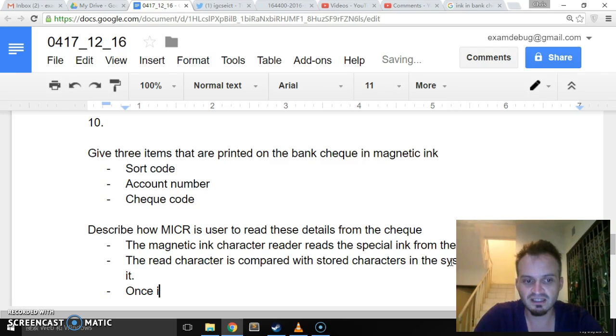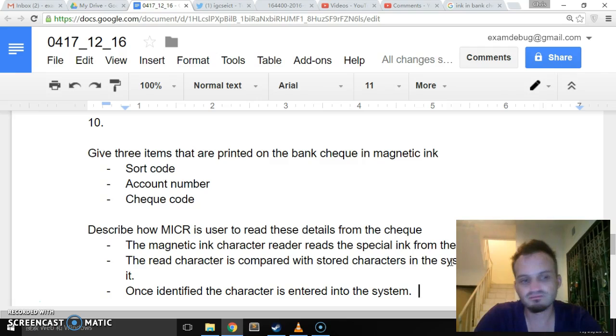Once identified, the character is entered into the system.